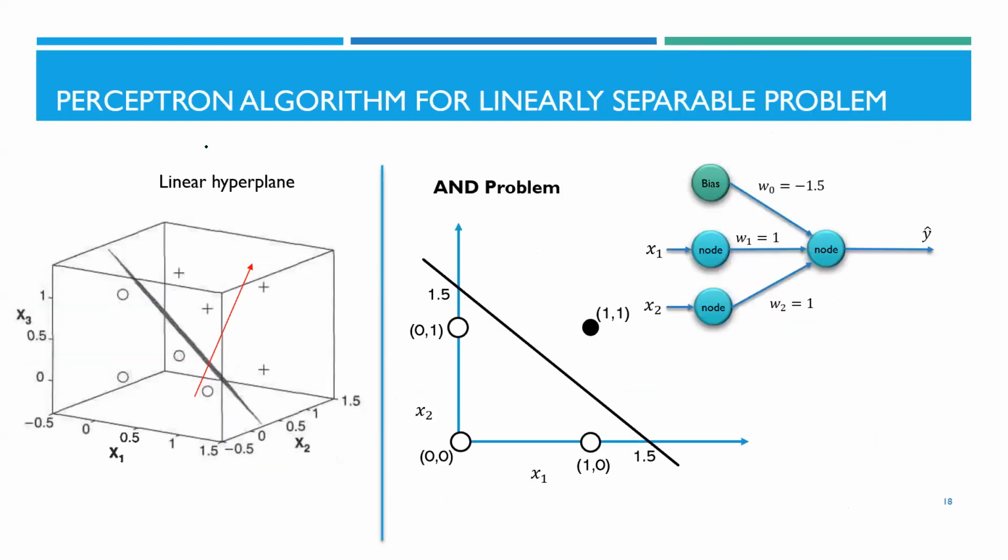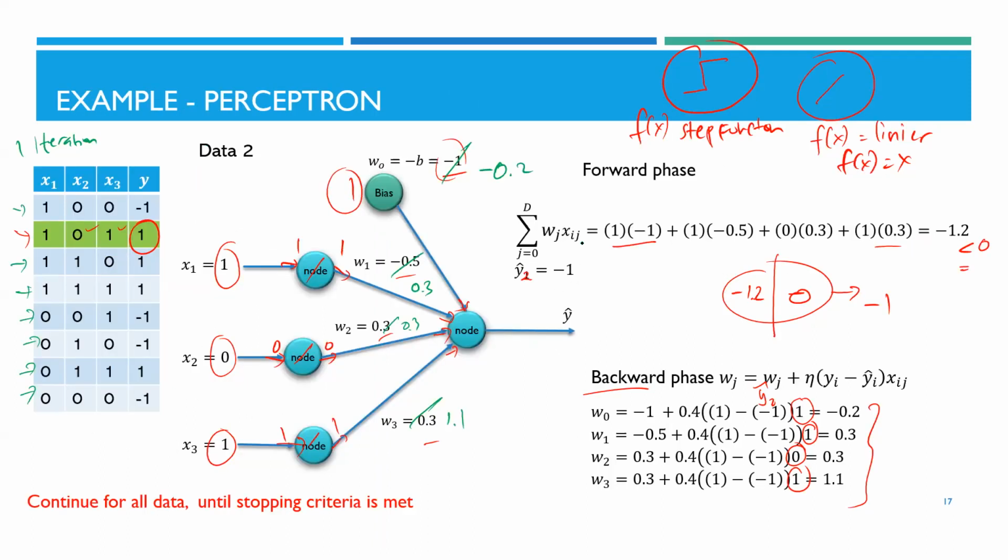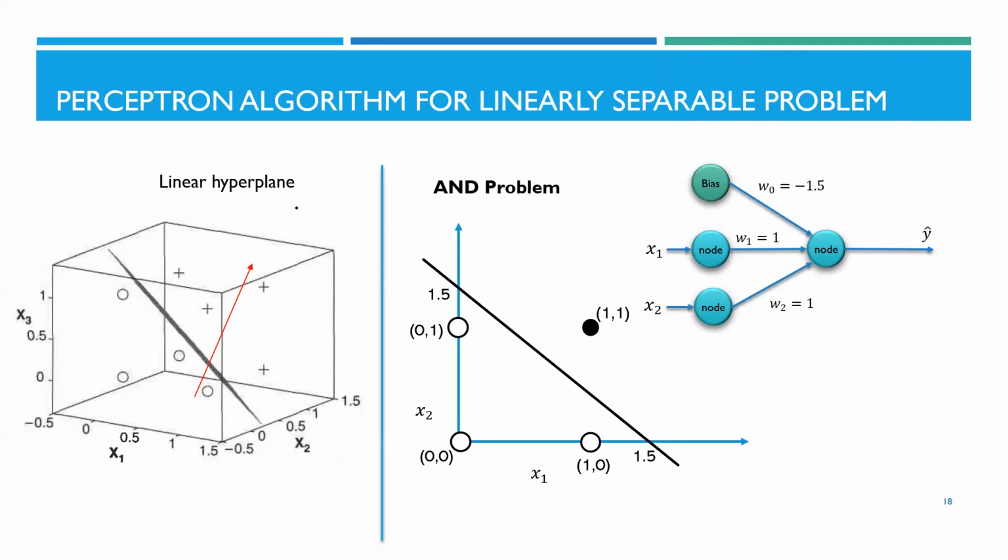Finally, the last predicted output is the result that we use. The example we just used is actually the AND problem, like in this picture.